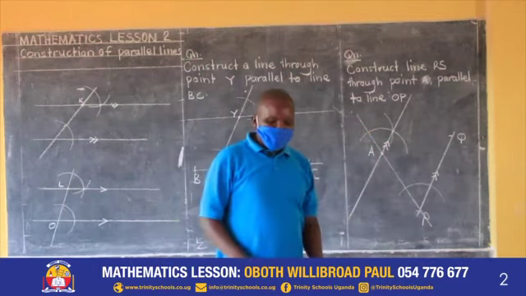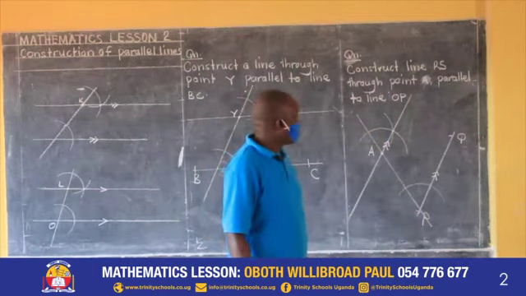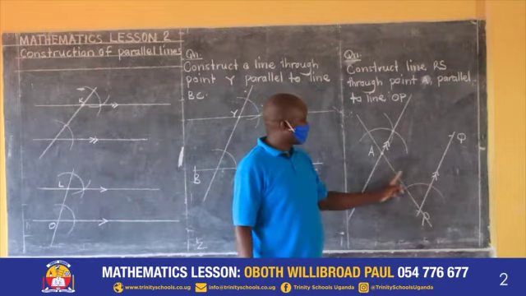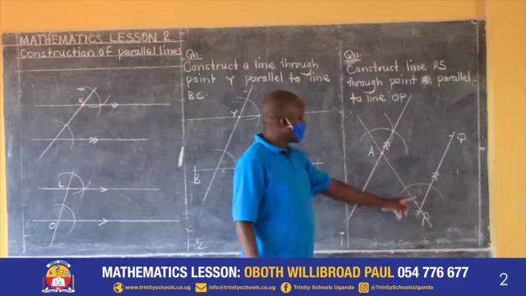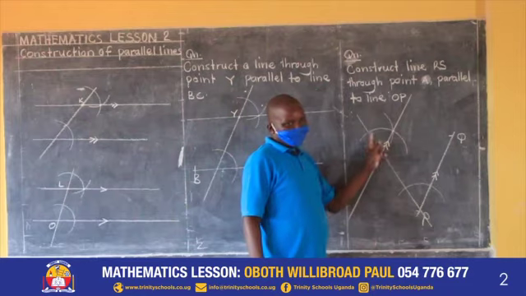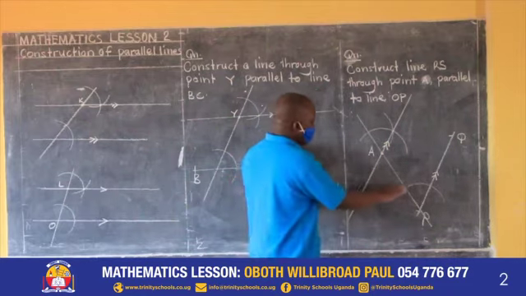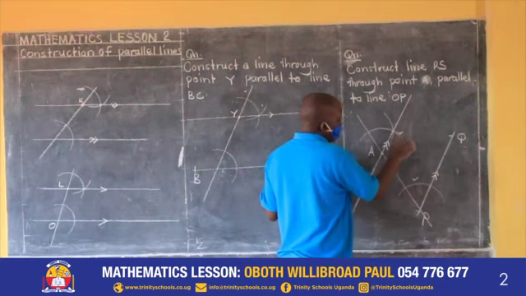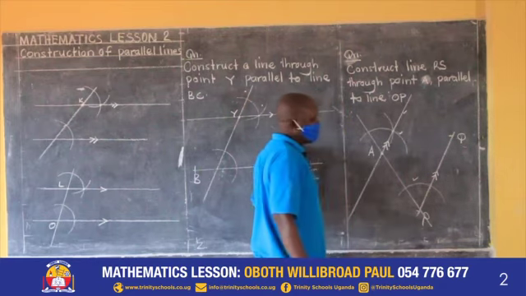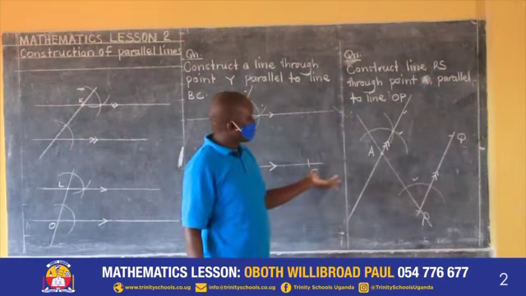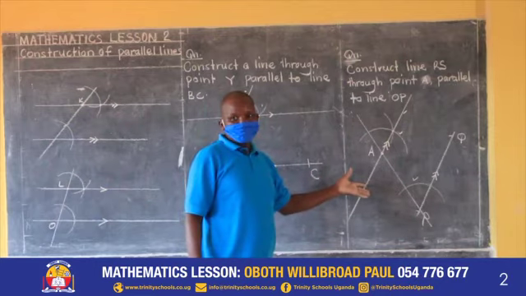When I'm marking your work, what am I going to look at? If I've given you a point and a line, I'll look at this arc and that arc. So if my question has 2 marks, then you know that 1 mark is going to be for this arc and another one for the line. So you have constructed a pair of parallel lines.